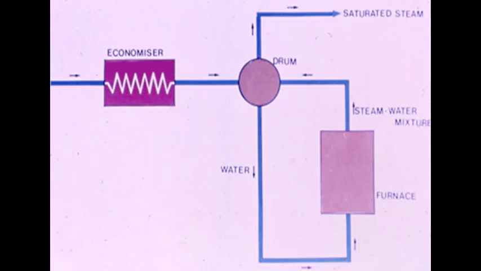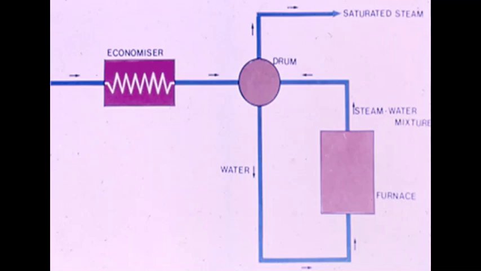After that, this water is going to a storage drum where water is stored up to a certain level. In this vessel, actually both water and steam is present. As both are present in dual phase, this is in saturated condition at the particular pressure.